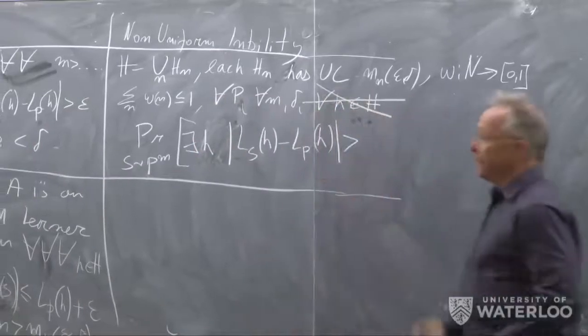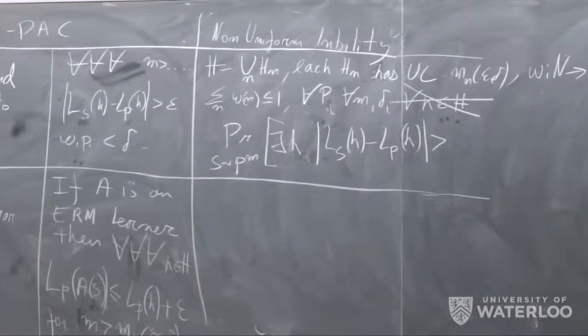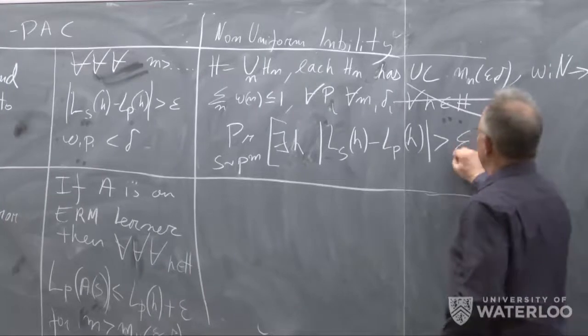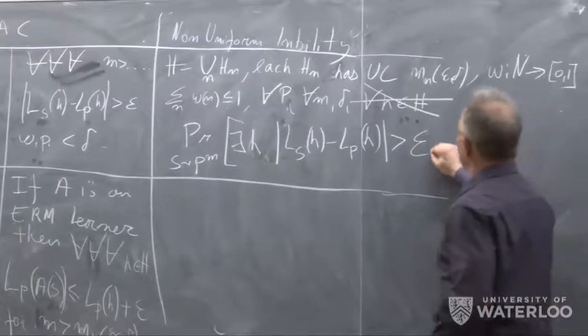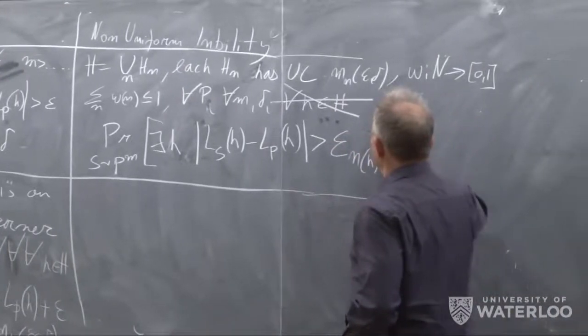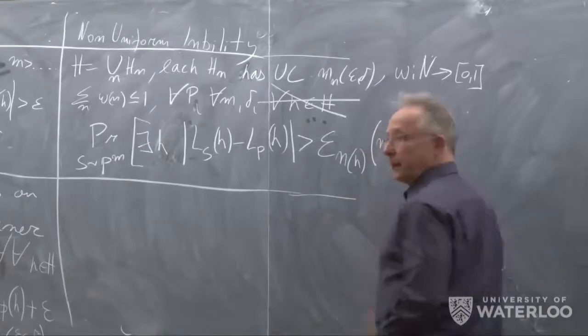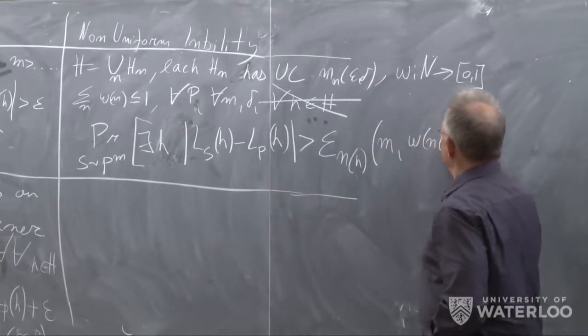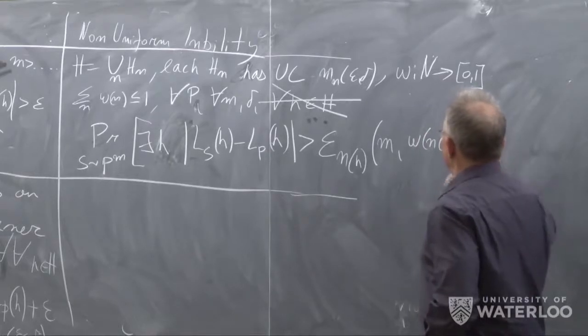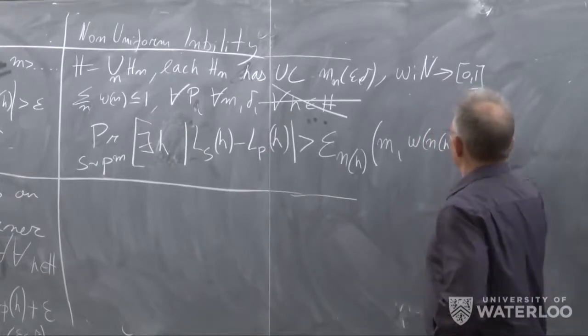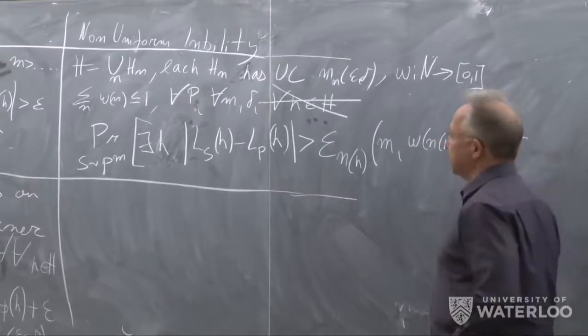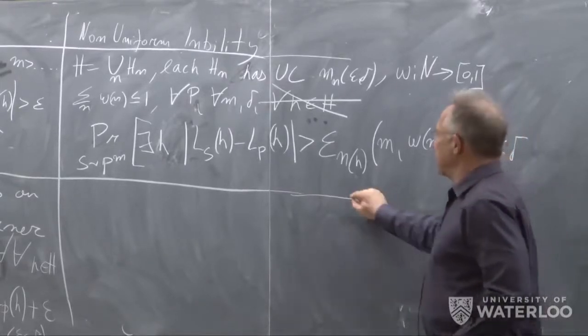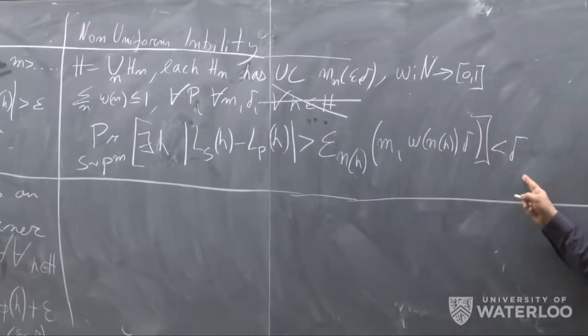But the something was slightly more complicated. It was this epsilon_n(h)(m, w_n(h)·delta). This probability is less than delta. So that was the result that we saw last time.